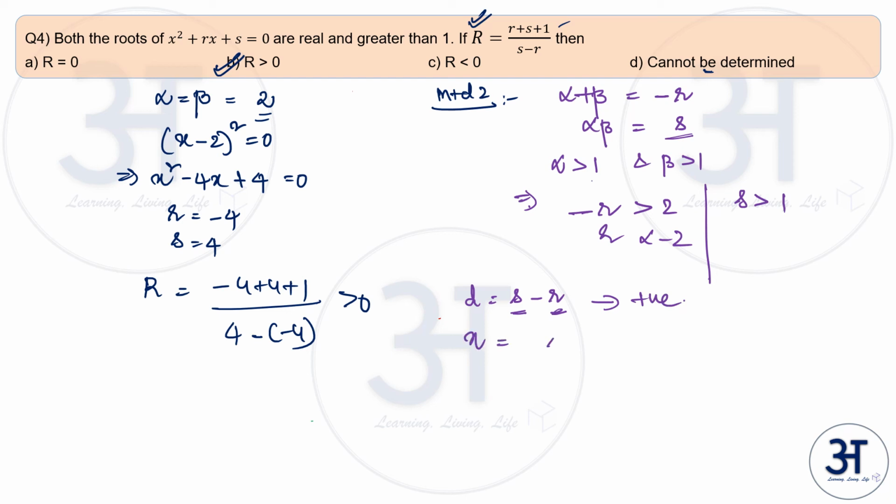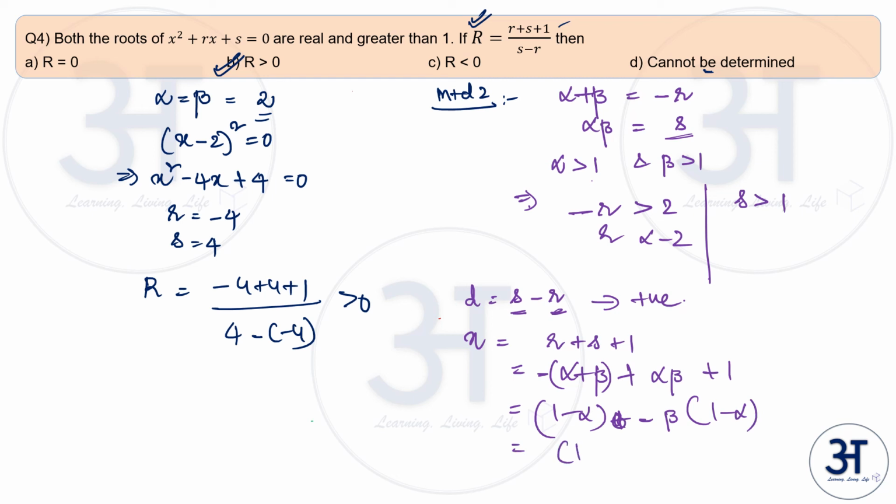Numerator is equal to r plus s plus 1. You can write this as r is minus of alpha plus beta, s is alpha beta, and you have plus 1. So let us factorize this. So you have 1 minus alpha into 1 minus beta.